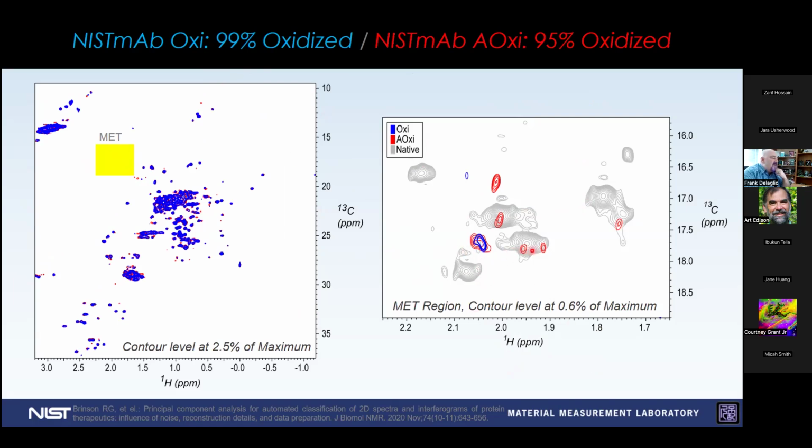And in red are the tiny little signals left over from the antibody oxidized in the presence of protein A. And since protein A protects some of the methionine somewhat, we have a few more signals in this sample than we do in the other, exactly what we expect.